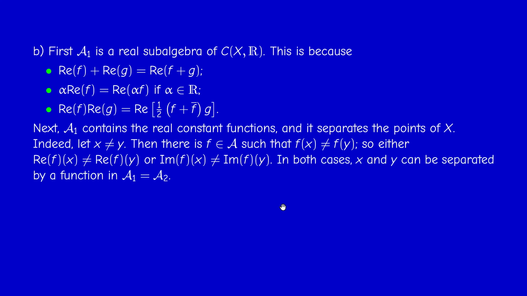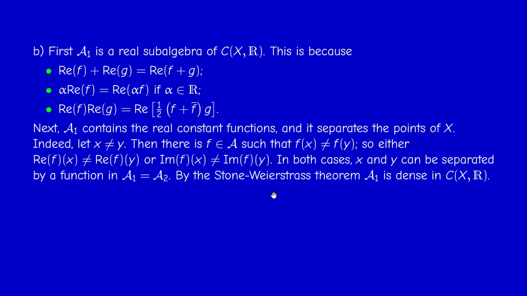But in both cases, the real part of f is an element of A1. So we get an element in A1 whose values at x and y are different. And the same thing, the imaginary part is an element of A2, which is just A1. So we conclude that A1 is dense in the space of continuous functions from X to R.